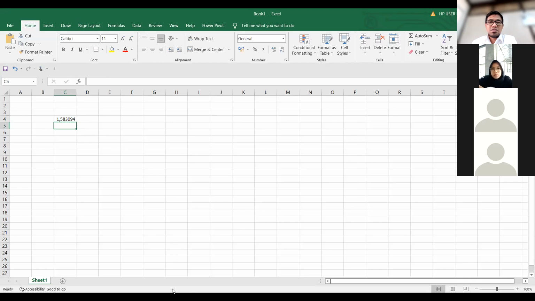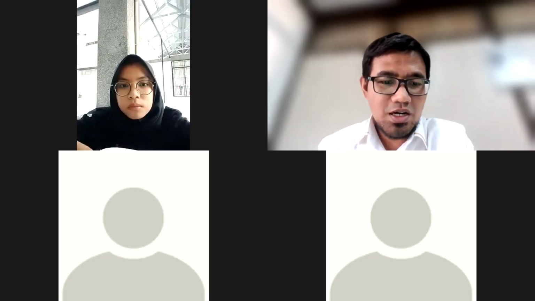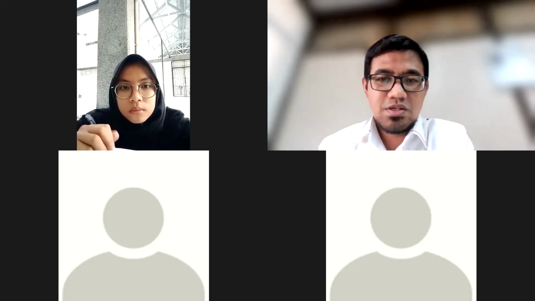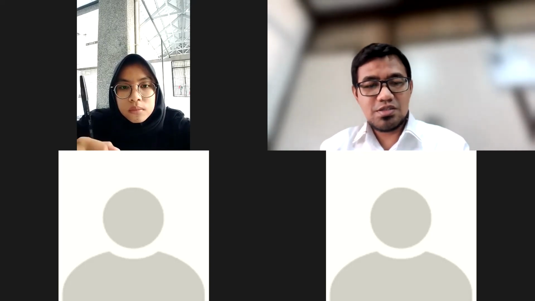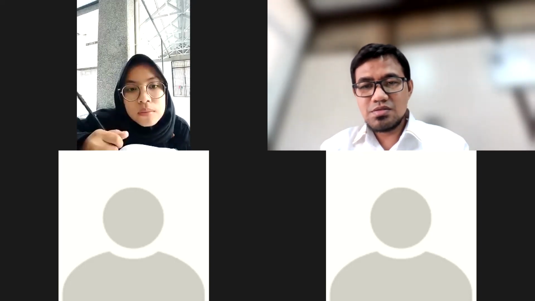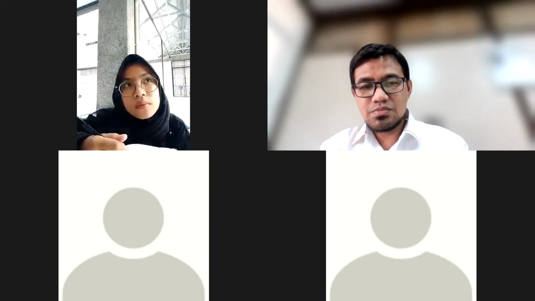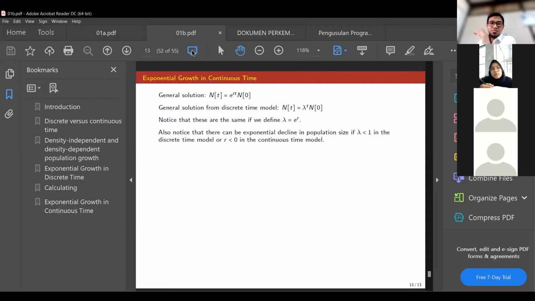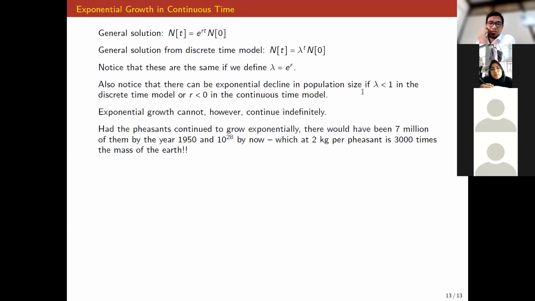Okay, good. Now use this value of r. I will share the slide again. Use this r, and now plot the third graph for the continuous model.